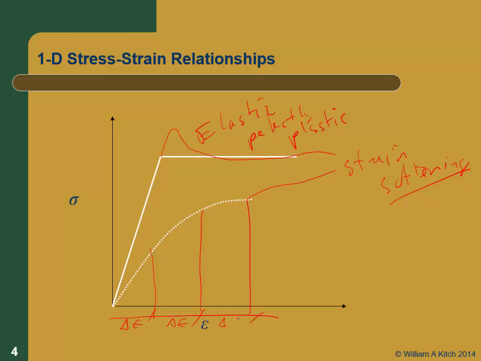If they aren't exactly the same, pretend they are. Does it require the same amount of stress to get that amount of strain in each one? No. Look at this, much less. So as the strain goes up, the material is softening. In other words, you're getting more strain for the same amount of stress. That's a strain softening material.